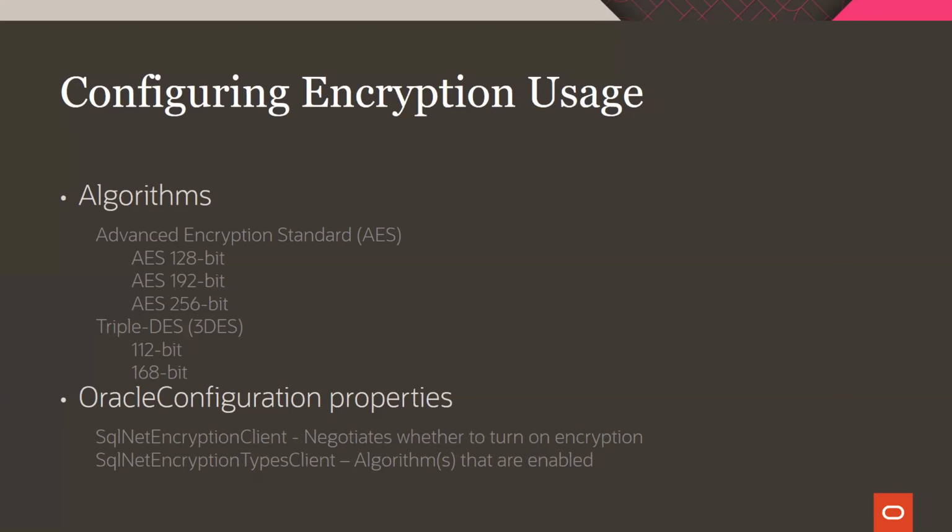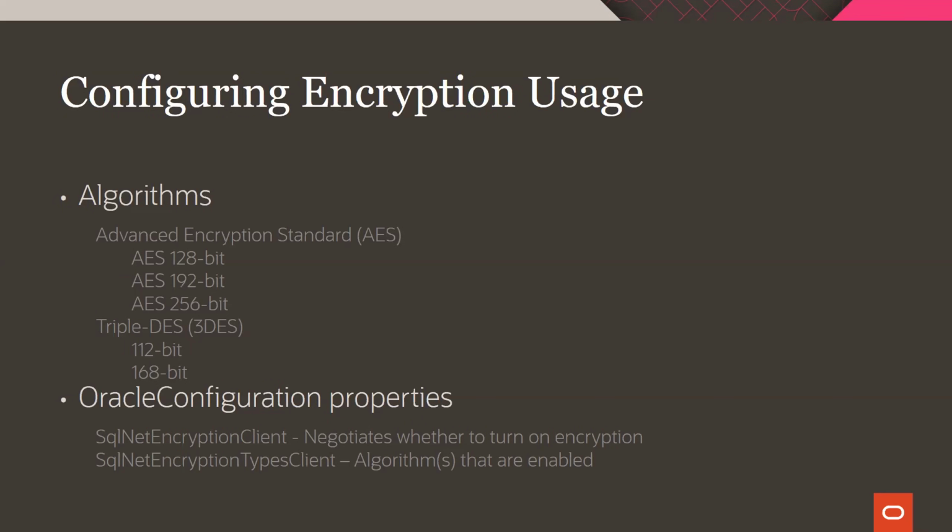It's the client enforcing a policy to say always encrypt, and if you can't encrypt, I'm not going to let you connect. Rejected is kind of the opposite. It disables encryption, even if the database requests it. So it won't allow any connection to be encrypted. It will be a regular TCP connection, for example.